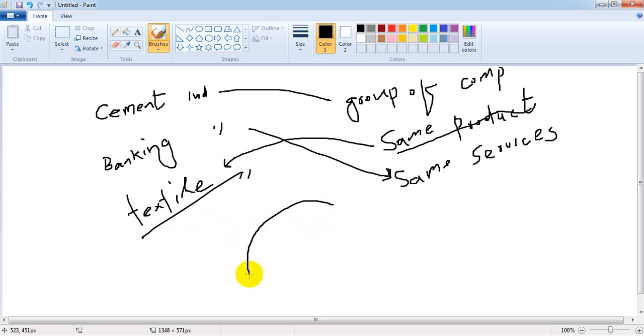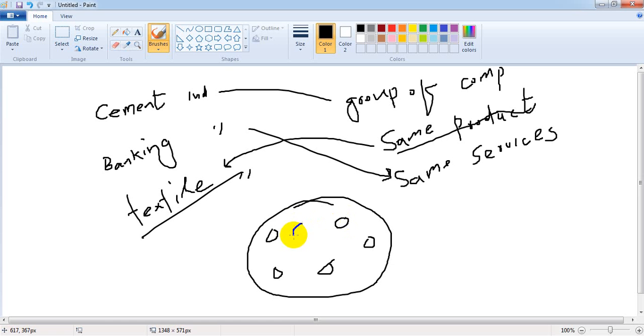So this will be an industry if different companies are offering either the same product or rendering the same services. Combinedly, we will call it an industry.